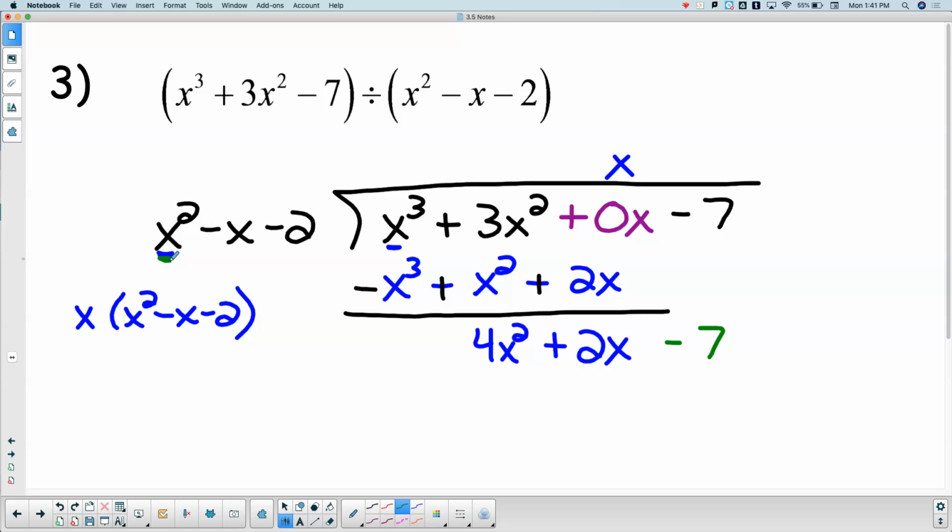X squared to 4x squared. Excuse me, x squared to 4x squared. Plus 4.